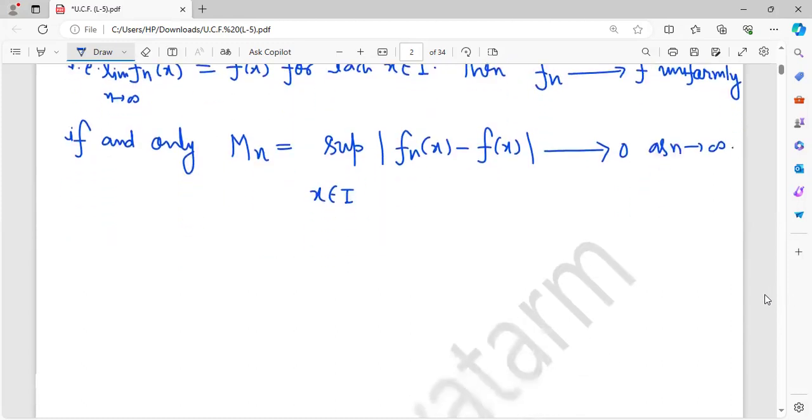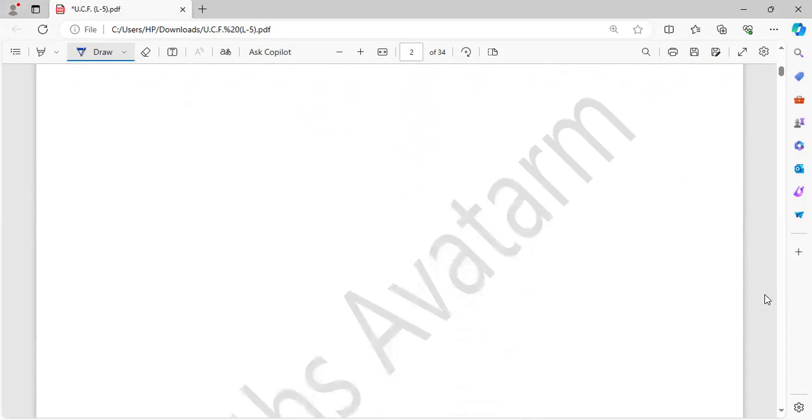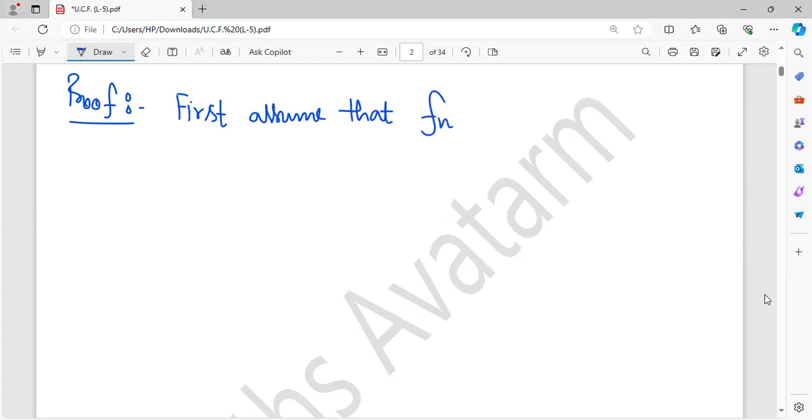So let's see its proof. First assume that Fn converges to F uniformly on I. What does it mean?